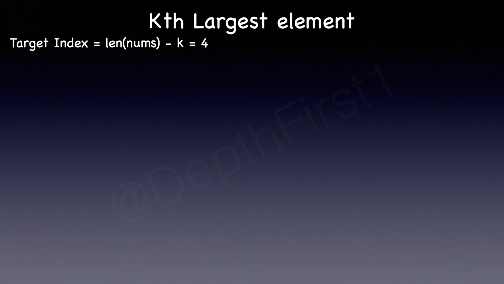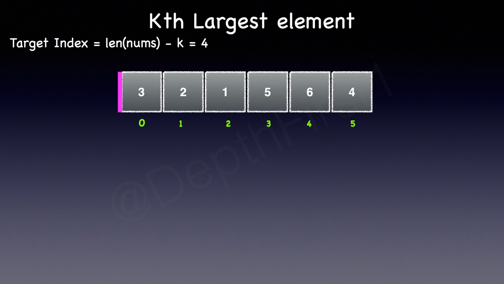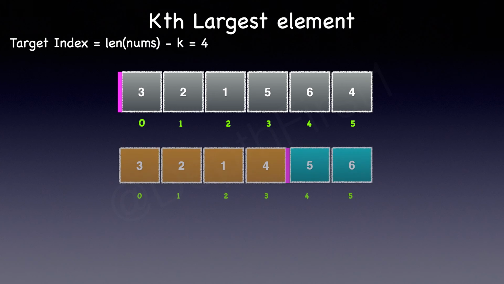Let's go over how we'll partition this array to find the correct value that should be at target index 4, or the second largest value. Here is what the array will look like after we have run it through the partition function, and it returns the partition index as 3. Now 3 does not match our target index of 4, so we'll continue to search.